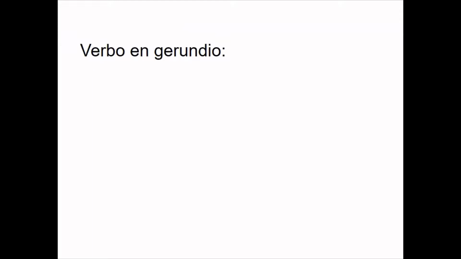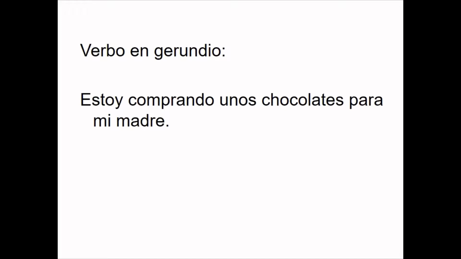The same happens with verbs in gerund in any tense. For example, estoy comprando unos chocolates para mi madre. Here I will have also two options. Se los estoy comprando. Remember that para mi madre is le, and le becomes se if it coincides with a direct object pronoun.